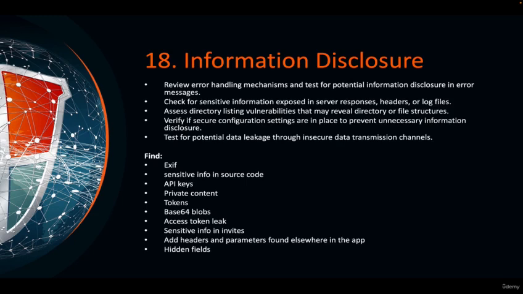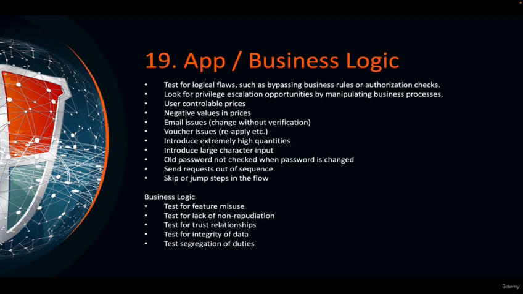Are there any files? Are there any backup files? Are there any PHP files which reveal too much information, right? You can also use, for example, the Burp search feature and then grep for information like API, for example, or keywords like secret or password or those kind of things, right? And this is information disclosure.